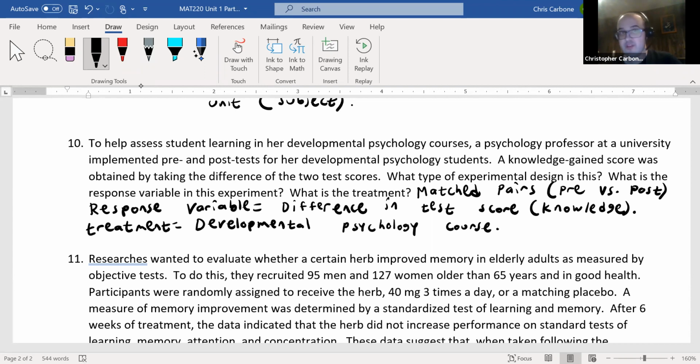And why is the treatment the developmental psychology course? Because the pre-test was given before the class even began, and then the post-test came after the developmental psychology course was given.